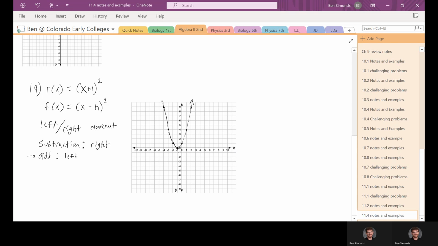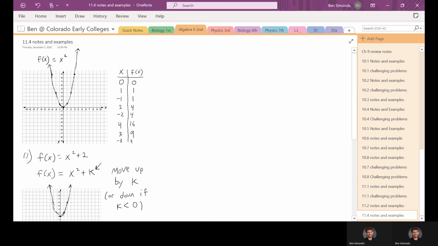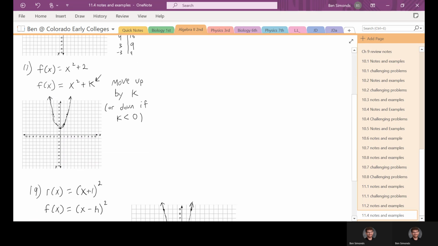And one thing to note on these problems, the line of symmetry is no longer the y-axis, right? In our first two examples, in the basic x squared example and in number 11, the center was the y-axis. The y-axis went right down the middle of our parabola and split it in half.